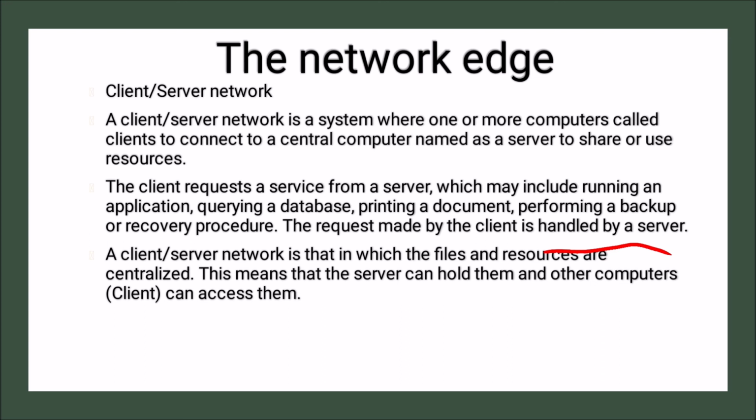But in client-server network there is a particular system which works as a server. Now a client-server network is one in which the files and resources are centralized. This means that the server can hold them and other computers can access them.